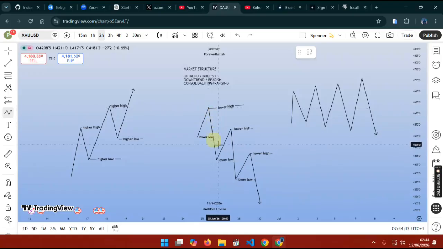This is basically called an impulsive sell. For this one, the market is going up. This movement is favoring the buy, the uptrend, so we call it an impulsive buy. The one favoring the downtrend is called an impulsive sell, while the one favoring the uptrend is called an impulsive buy.